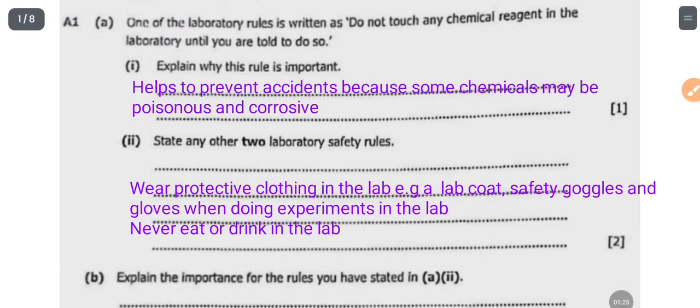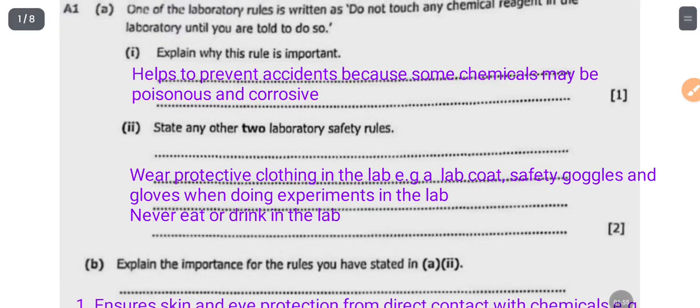So here I wrote, number 1, we should wear protective clothing in the lab. And number 2, we should never eat or drink in the lab. If we were asked for another laboratory rule, we can say we should never hold bottles by the neck. Right here, we are only required to write 2 rules.